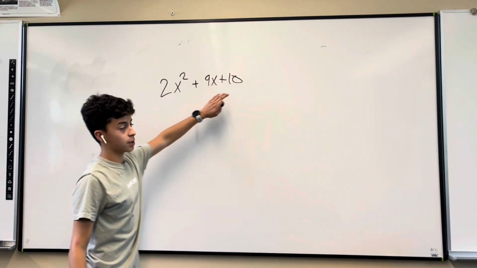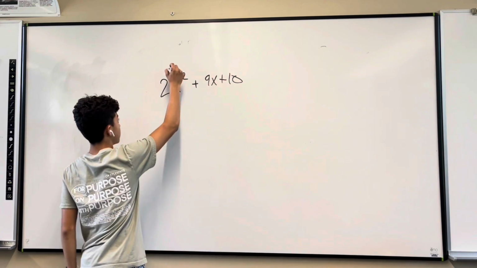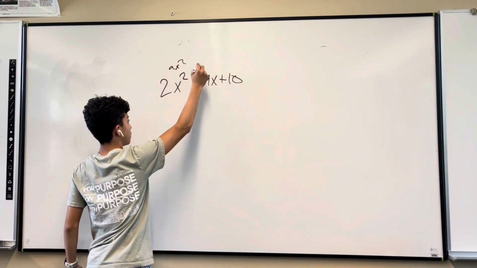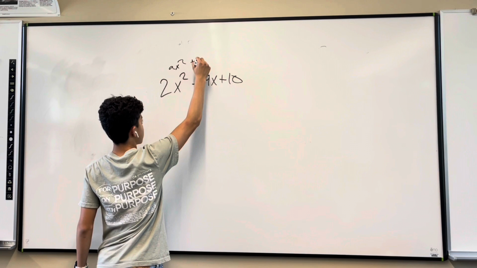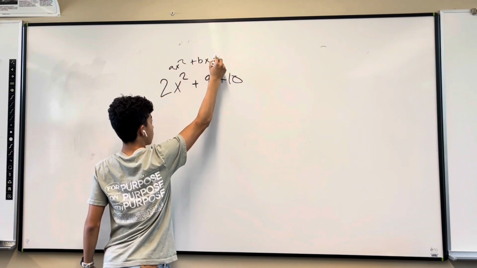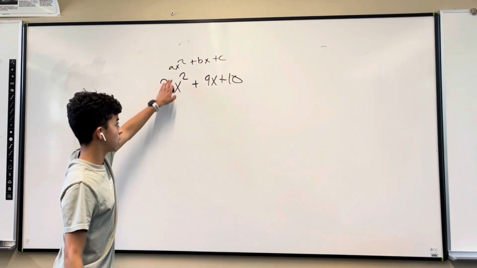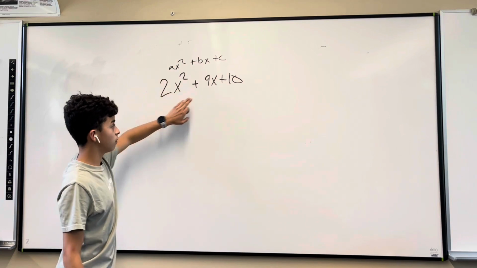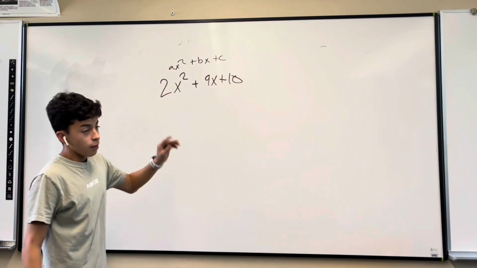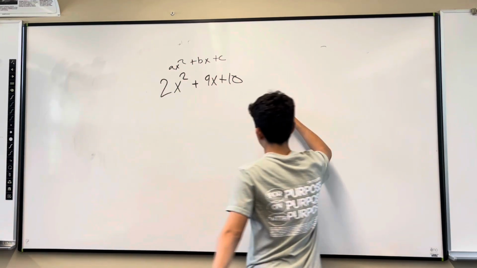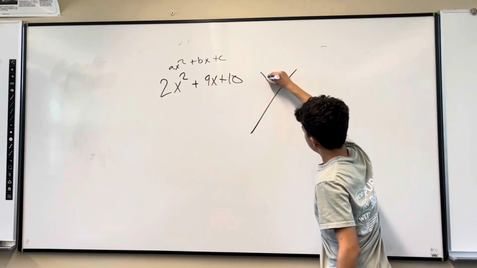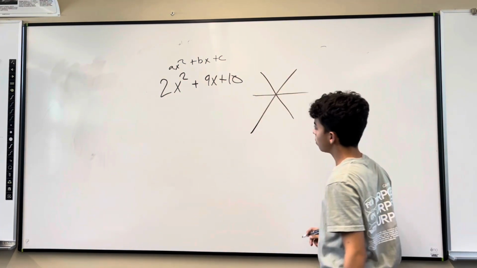Just for the sake of understanding, I'm going to put the equation in standard form of how it should look. So we have A, B, and C. Then let's use our X method. We use it right here, and put a dash through the middle.